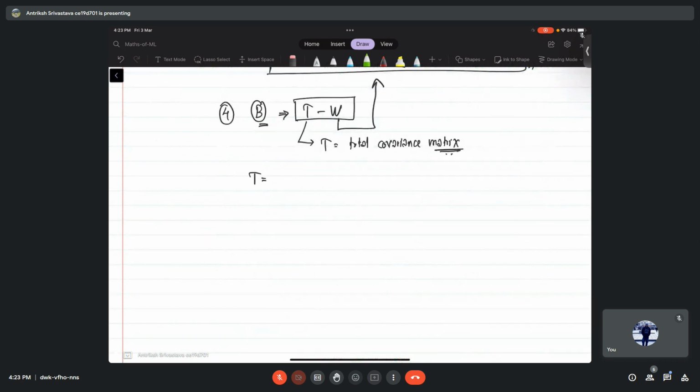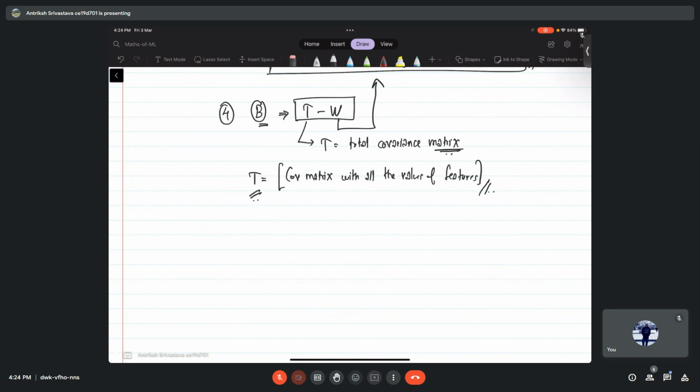So I don't want to write the matrix again. It is the covariance matrix with all the values of the features.